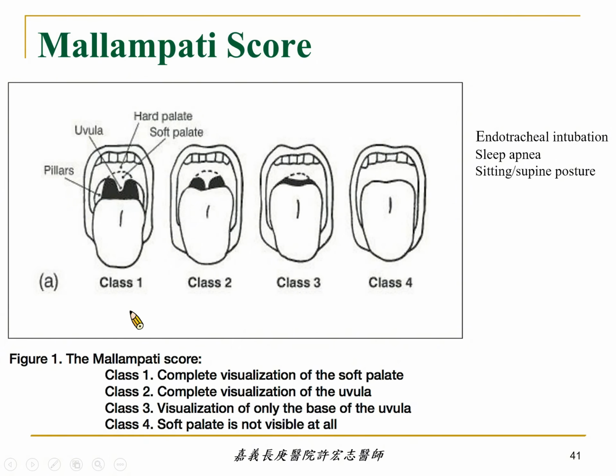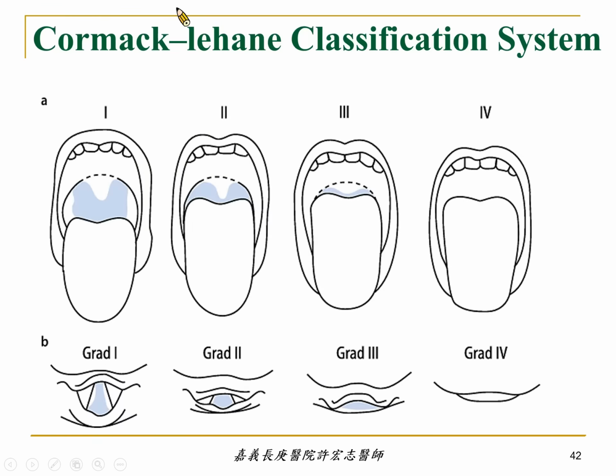Has everyone finished scoring? Okay, this is the Mallampati score. This one is the Cormack-Lehane classification system, which is also commonly used by our anesthetic doctors and surgeons, graded 1 to 4, and it is also scored for intubation. Grade 1 and 2 are easy for intubation, and 3 and 4 are not good.